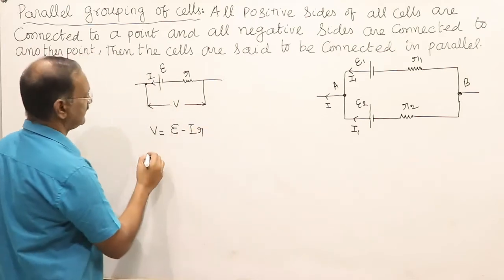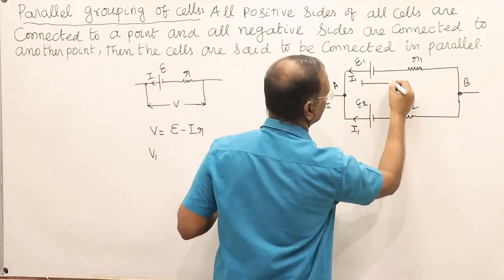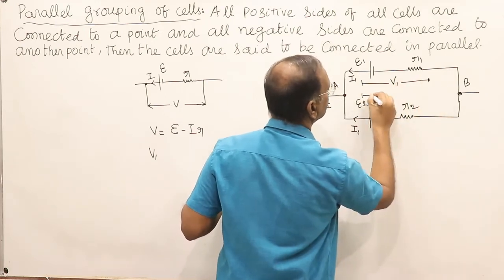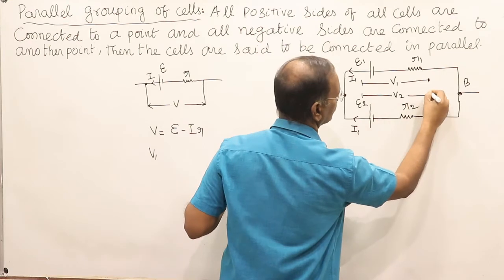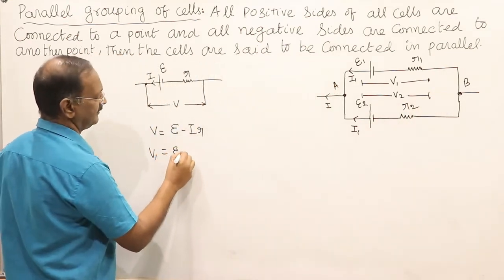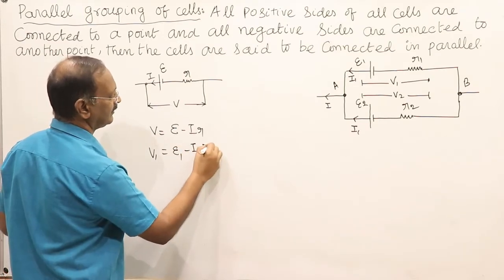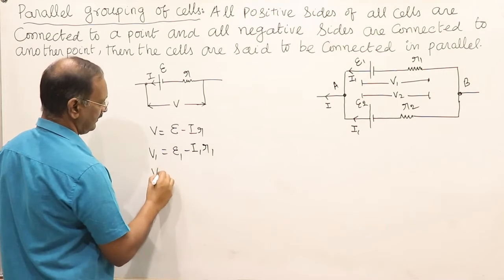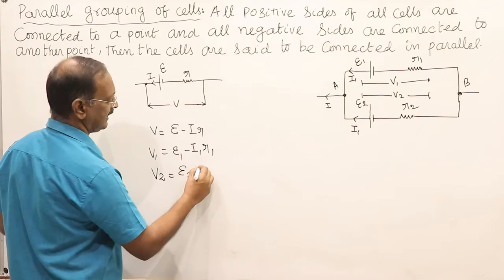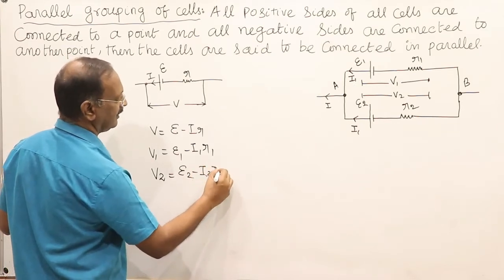So for this cell the terminal potential difference is V1, and for the other it is V2. V1 is equal to the EMF of the first battery minus the current through it into R1, and V2 is equal to the EMF of the second battery minus the current through the second battery into R2.